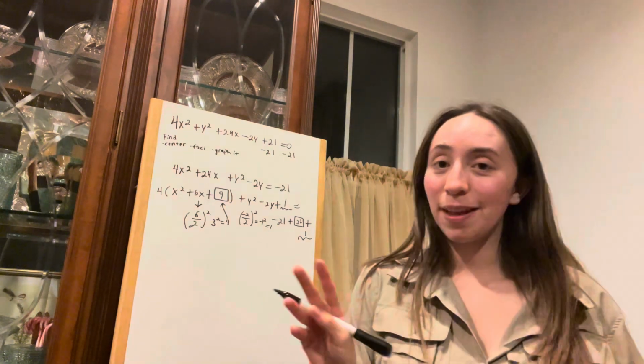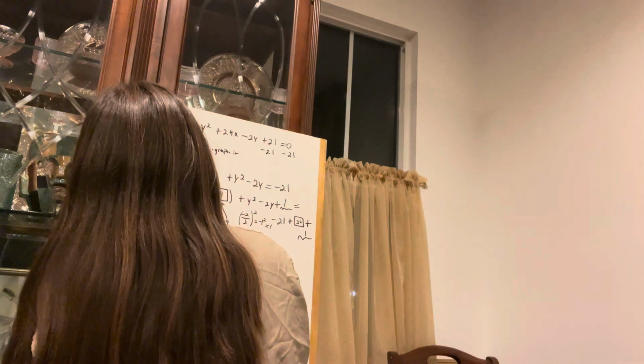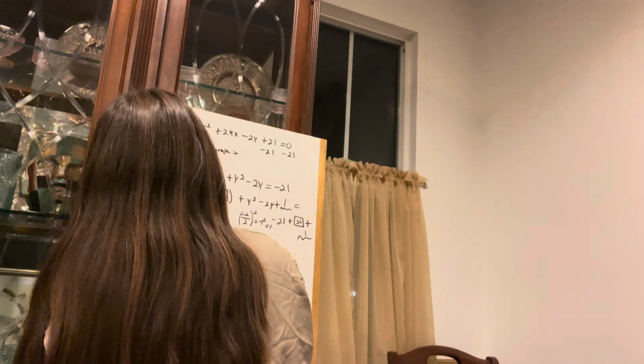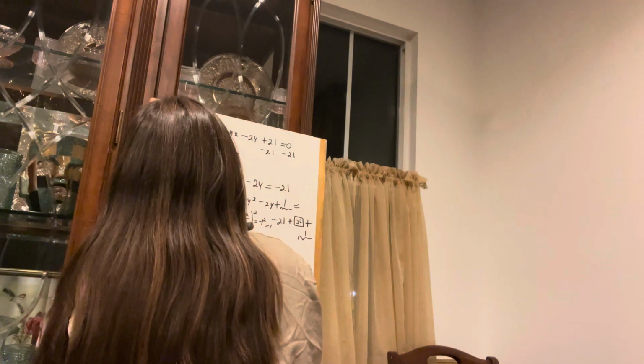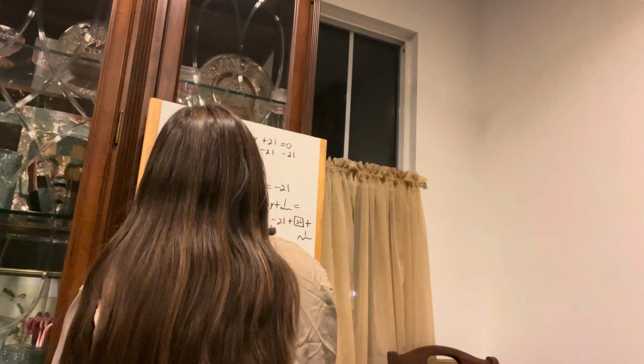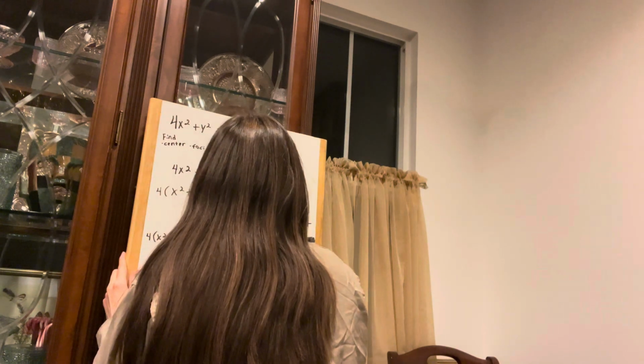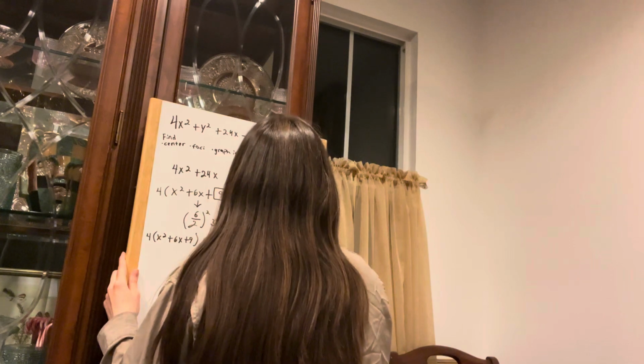So let's rewrite the equation and make it cleaner. So we have 4 outside of the parentheses, x squared plus 6x plus 9, parentheses, plus, let's put parentheses, y squared minus 2y plus 1 equals.